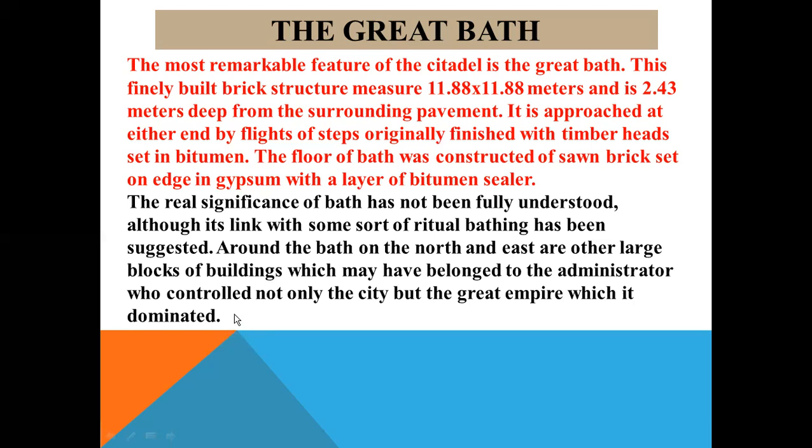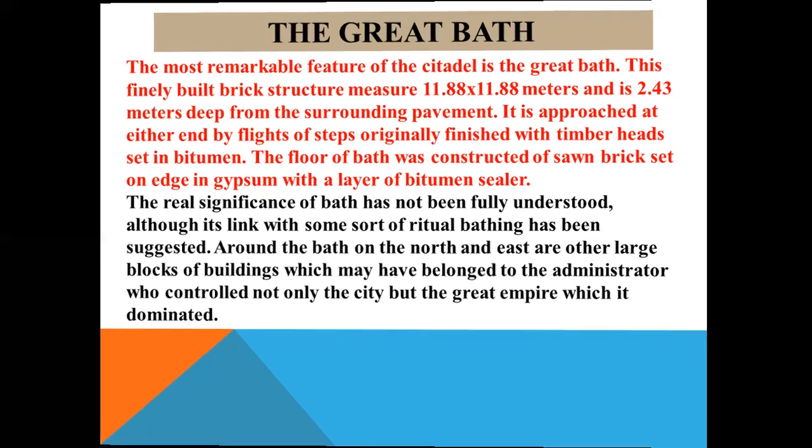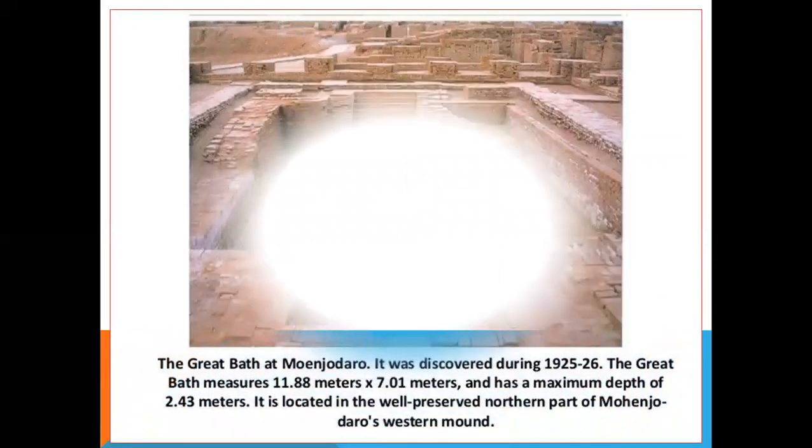It means around this bath, the buildings belonged to those people who were the administrators of this area. Dear students, you can see the picture of the Great Bath here.